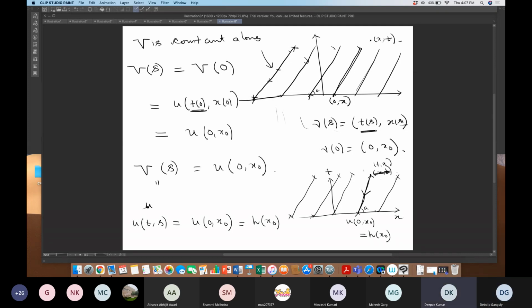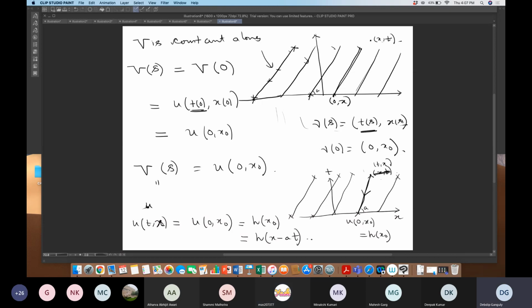You want us to calculate x naught in terms of a, t and x using the line? Yes, exactly, that is what I want.